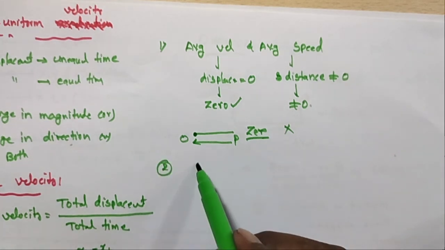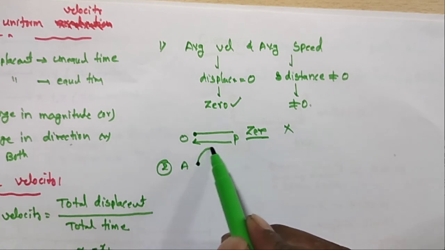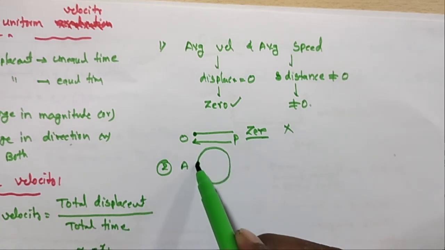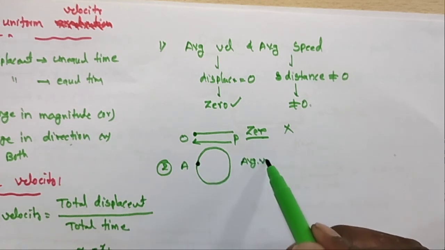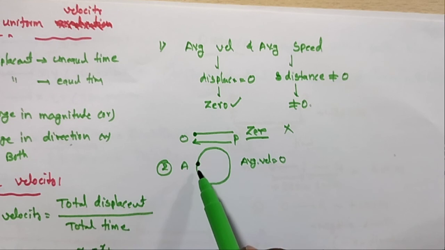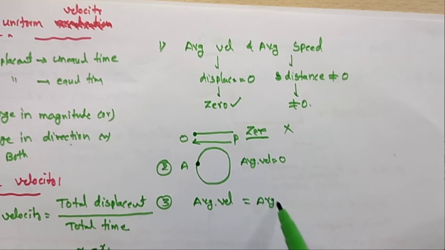Or suppose the particle moves in a circle and reaches the same position. In this case the average velocity will be zero, because it reaches the same position. And sometimes the average velocity is equal to the average speed.